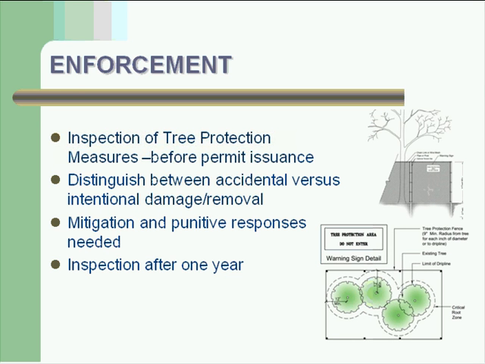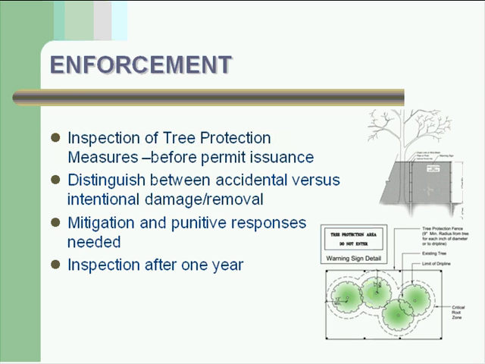How this is most often done is the inspection of the tree protection measures before the permit is issued. So, in other words, the city goes out on site and looks at the tree protection fencing before a grading permit is issued. Pretty simple way to make sure that trees get protected.